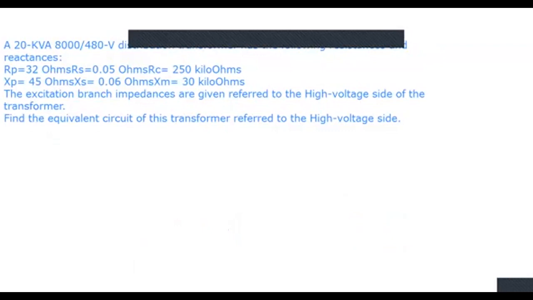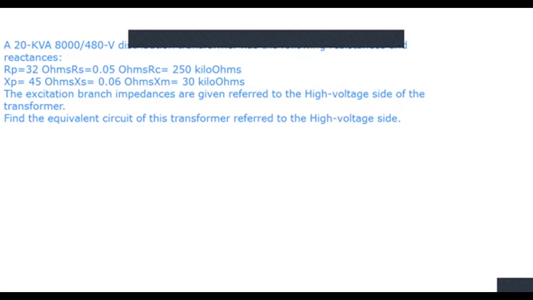For RP, the resistance in the primary, there is 32 ohms. The reactance in the primary is 45 ohms. The resistance in the secondary is 0.05 ohms. The reactance in the secondary is 0.06 ohms. The resistance in the core is 250 kilo ohms, and the reactance in the magnetization is 30 kilo ohms.